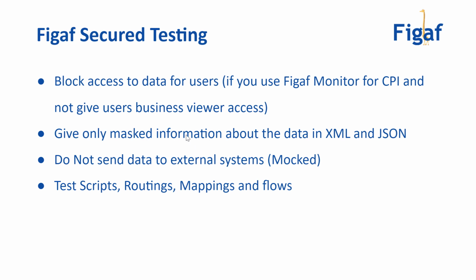So if you have an XML document, you'll see the same structure, but the data will be masked, so you cannot really see who was the person behind this. And then we do not send it to external systems because we're all using mocked services there. With this secure testing, you're able to test scripts, routings, mappings, and flows and see if everything works as you'd expect them to.